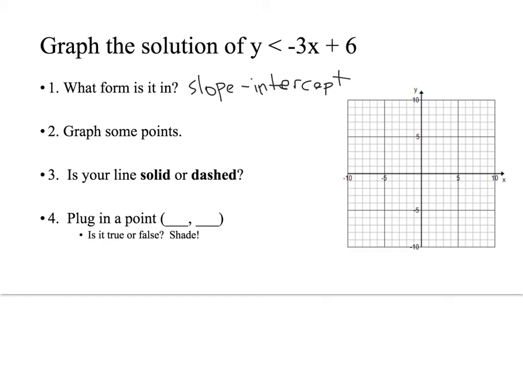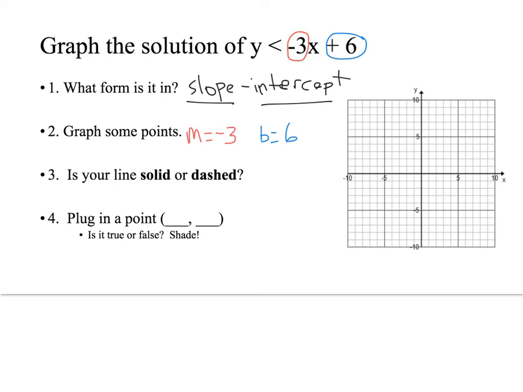And if it's in slope-intercept form, the best way to graph this is to find the slope and to find the y-intercept. Remember that our slope is the number in front of x. So m is -3. And our y-intercept is this number over here. So b equals 6. We're going to begin at 6.